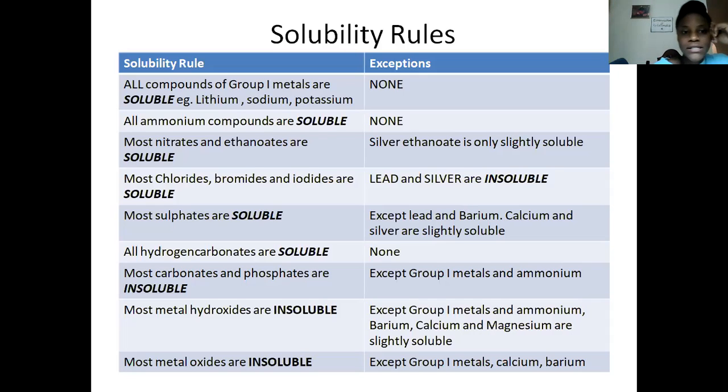We learned that sulfates are soluble except for lead and barium. We learned that carbonates are insoluble except for SPA, and hydroxides are insoluble except for SPA, and oxides are insoluble except for SPA. So these are the solubility rules.